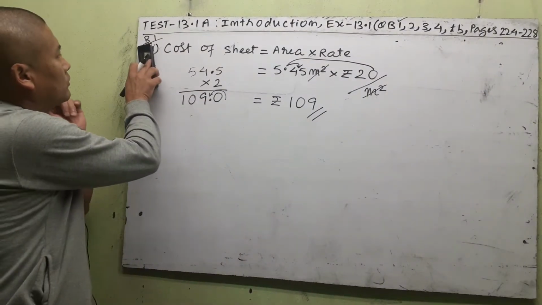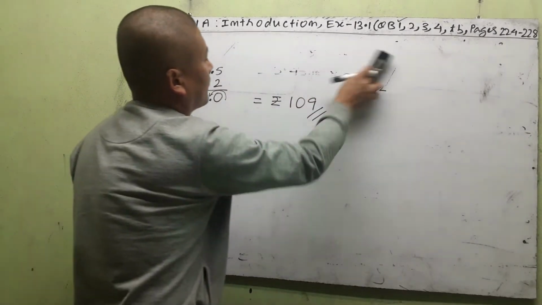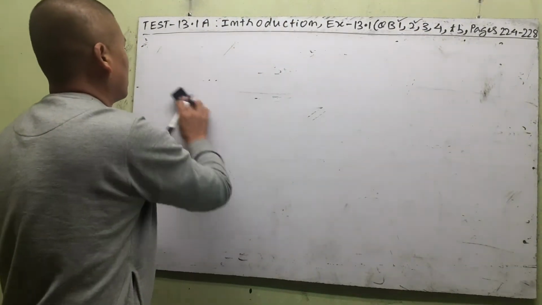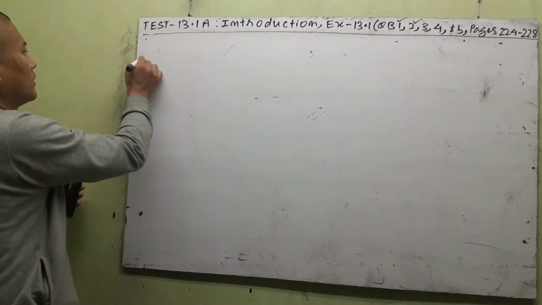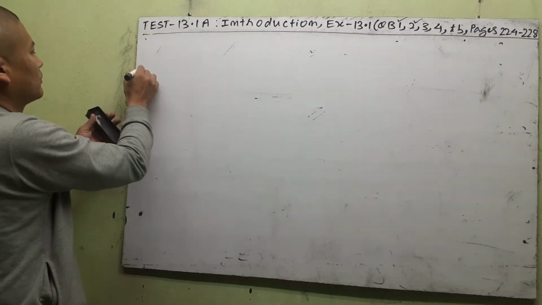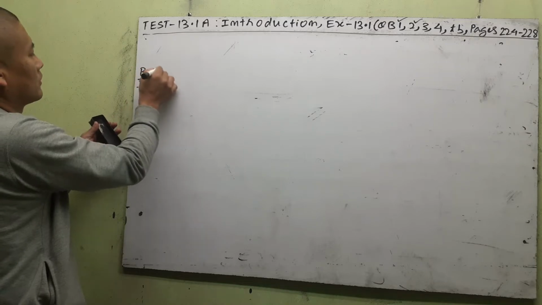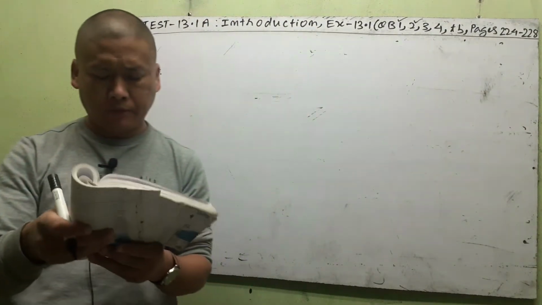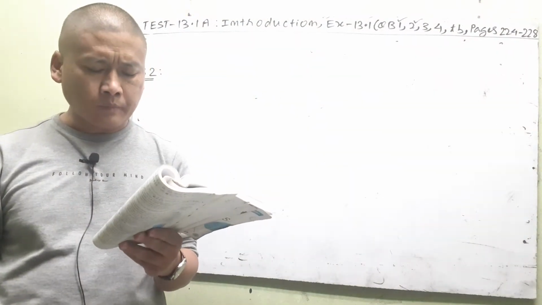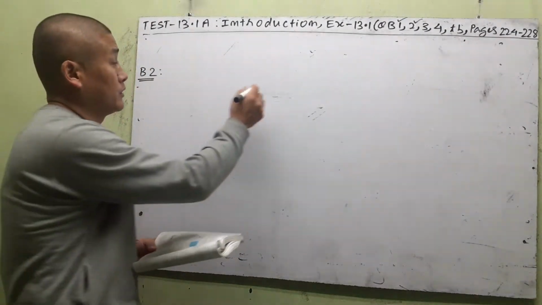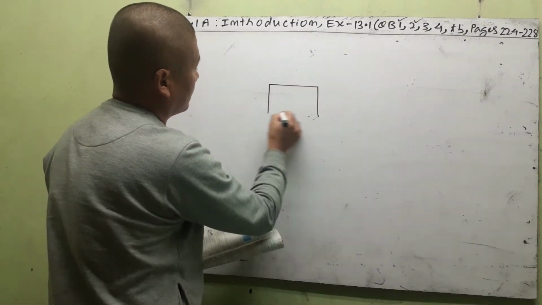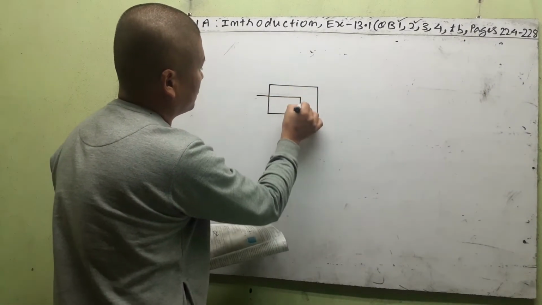Now we'll go to B2. So here, this is B2. Let me read the question for us. The length, breadth and height of a room are 5, 4 and 3 meter. So let us draw the representative room. Here, let us say this is the room.